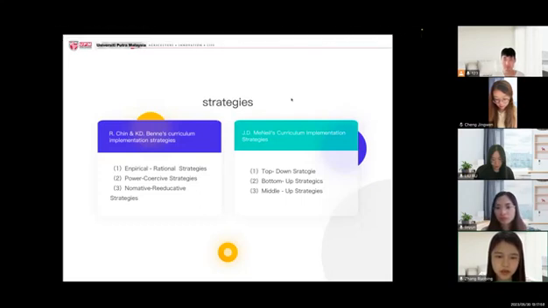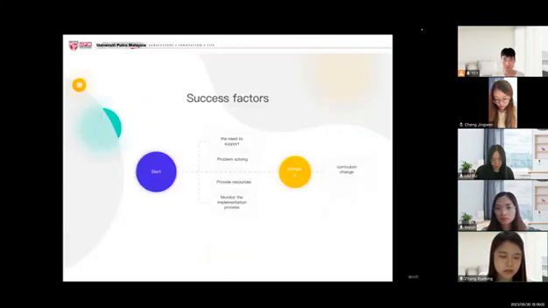There are also 3 base types. Next one. Then change in curriculum implementation. It needs to support slow problems, provide resources, and monitor the implementation process to achieve successful curriculum change. Next one.